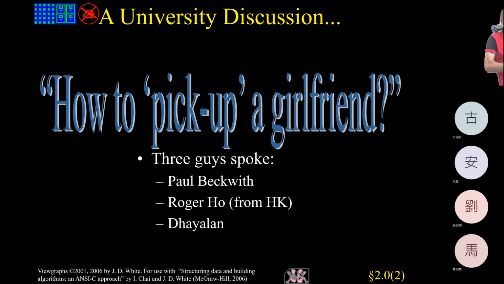The next guy was named Roger Ho. His approach was very different. He's from Hong Kong, like Carlos. But my last name is Lau, not Ho. Anyway, Roger was a good friend of mine, and he basically said, you don't go looking for a girlfriend, that's stupid.